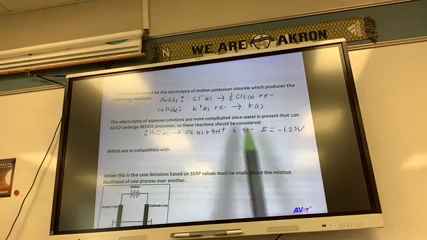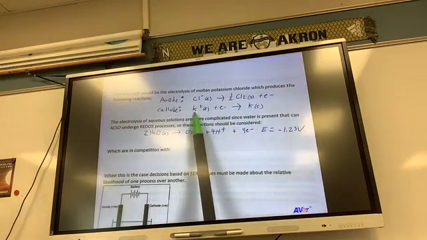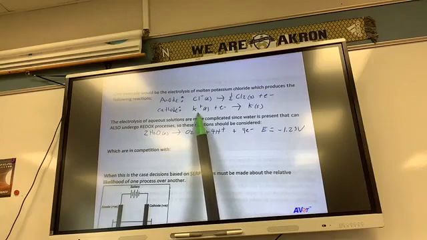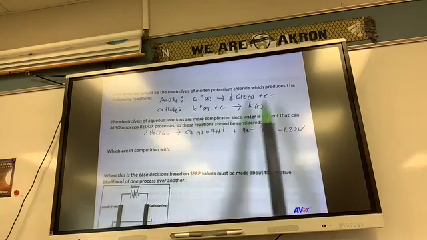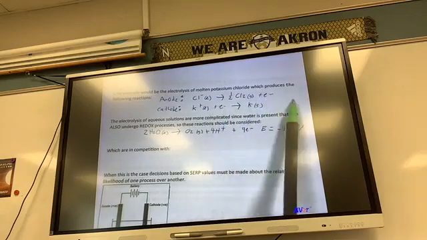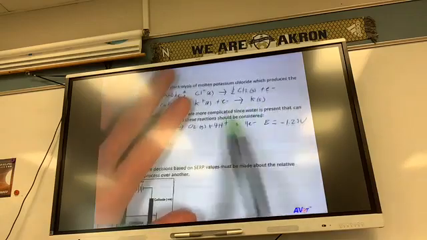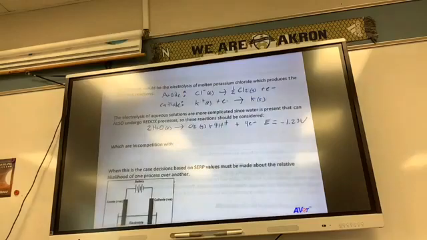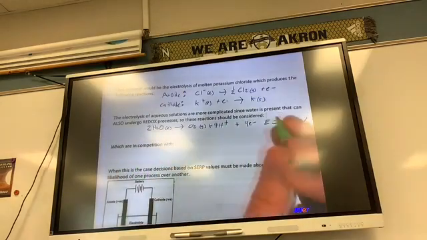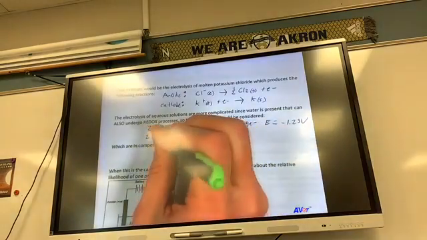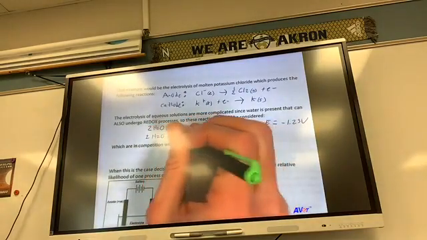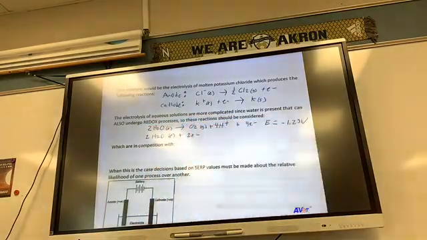The cathode is reduction is gaining, right? Yes. In order to gain, you have to have the electron. Oh no, it is. It still is. Yeah, we just said it on the last page. So that's one. The other one is 2H2O liquid plus 2 electrons if it's going the other way.